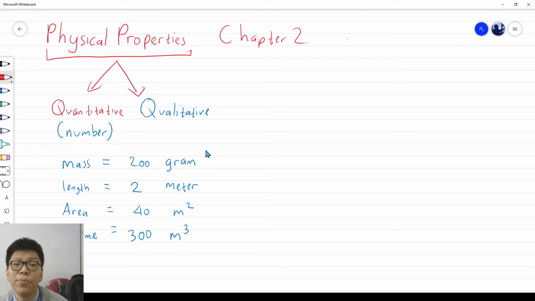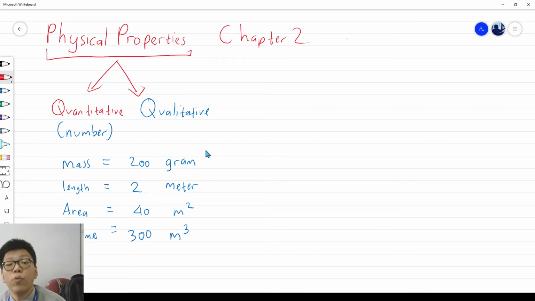But in the US, they use different things. We use kilograms, they use pounds. We use meters, they use feet, something like that.